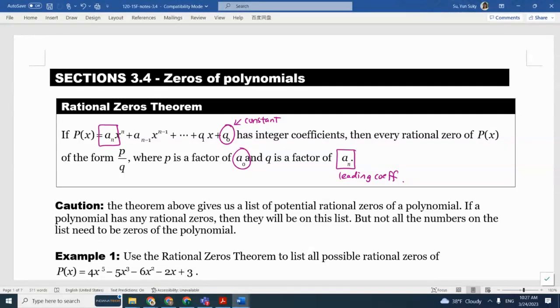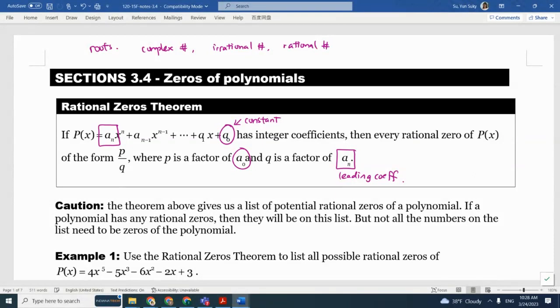Okay, so for a polynomial, your zeros could be real numbers, it could be complex numbers, and if it's real numbers, it could be rational numbers or irrational numbers. So your roots could be complex, irrational, or rational numbers.